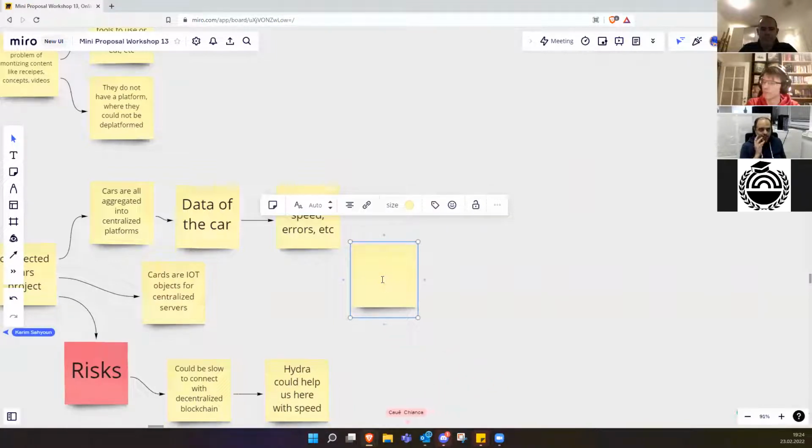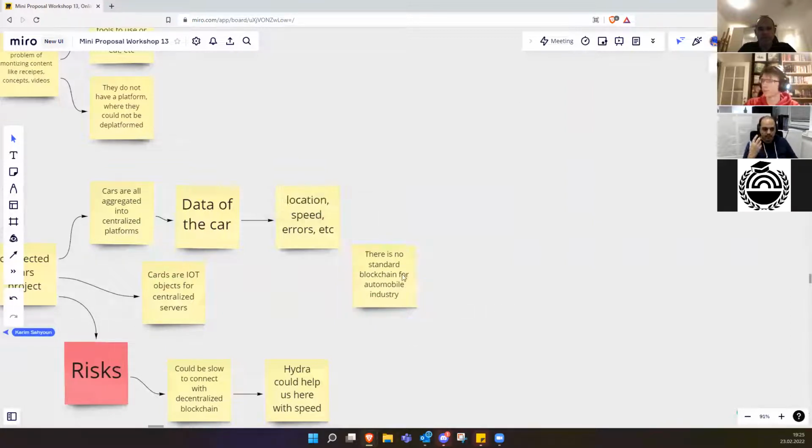Actually, there is no standard for blockchains for the automobile industry, and our goal is to have Cardano as a standard for the automobile industry in order to solve the issues of centralized systems. I don't like to repeat all the problems of the centralized system, because there are a lot of problems: problems of identity, of security, and so on. And our goal is to bring Cardano as a standard.